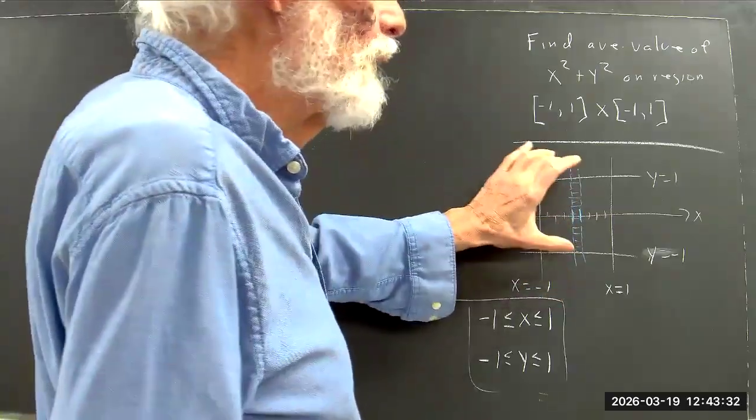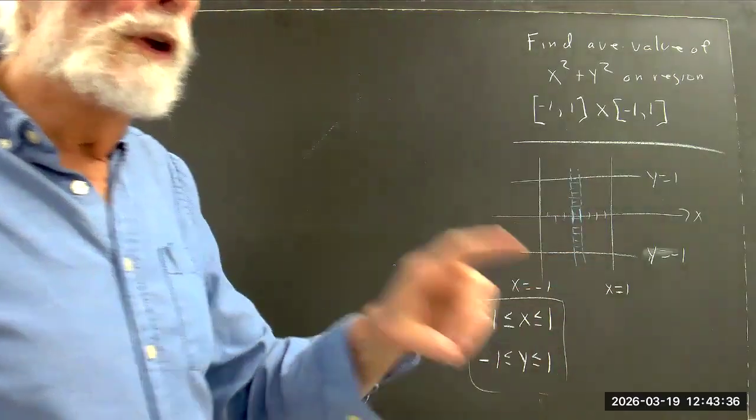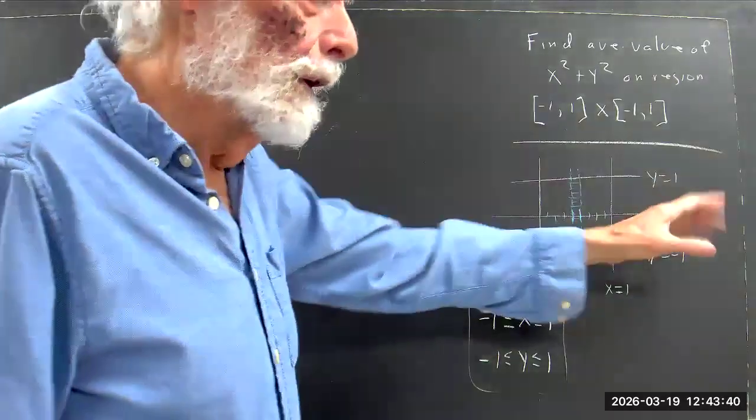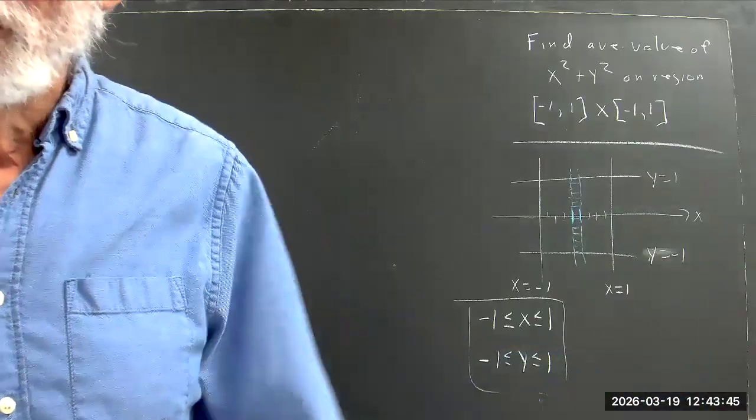Then we partition that strip with respect to y. We don't just do one partition of y and apply it to everything, although we could do that in this case. You'll see later why we don't do that.